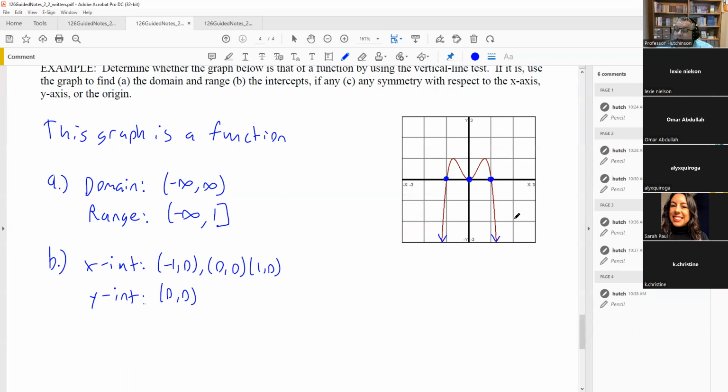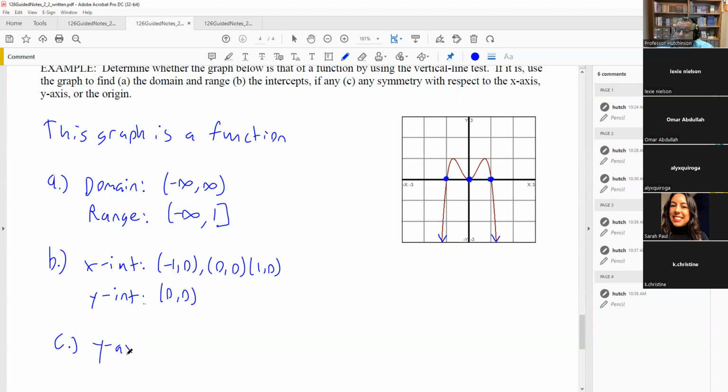Then part C says any kind of symmetry. So they want to know whether this has x-axis, y-axis, or origin symmetry. We talked about that last week, in section 2.1. So what we want to do is look at the graph and see if we have any kind of fold lines. If I fold the graph over on top and it can lay on top of itself, that has symmetry. One thing I will notice right away is the y-axis here. If I fold this along the y-axis, this part will lay perfectly on top of that part.